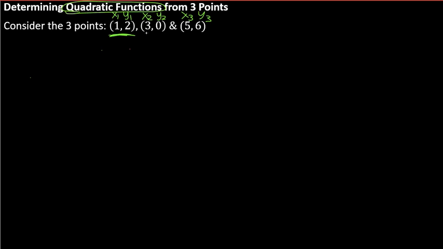Okay, so our function has to be in the form ax squared plus bx plus c is equal to f of x. Okay, what we can do is plug in our values for x and y into f of x. So let's go ahead and do that. So if y is 2, that means f of x is 2.